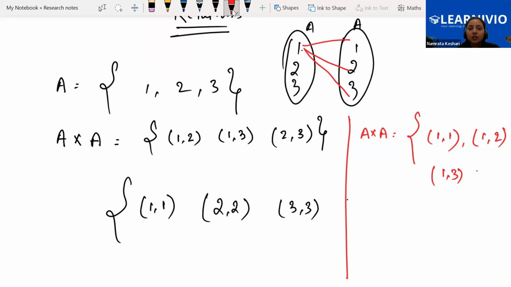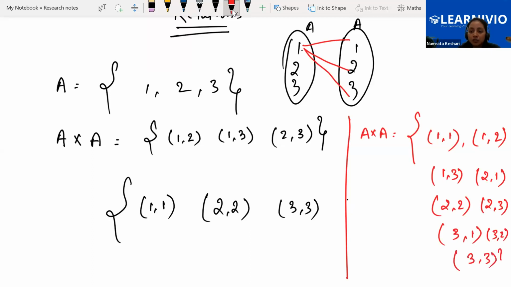Now tell me the next one. 2 with 1, 2 with 2, 2 with 3. Tell me the next one. 3 with 1, 3 with 2, 3 with 3. Perfect. This is how we will be finding the Cartesian product between A and A.